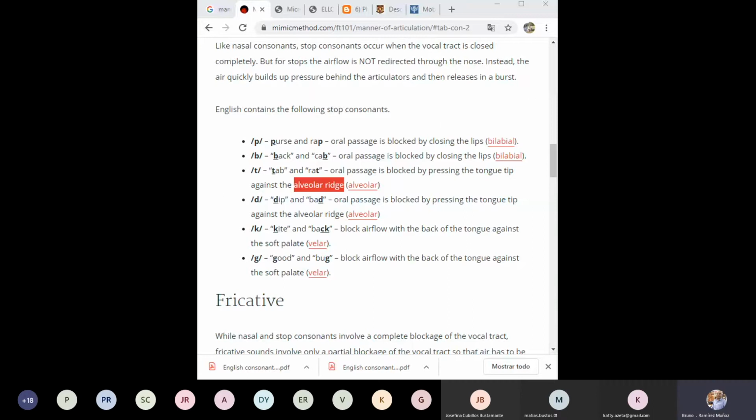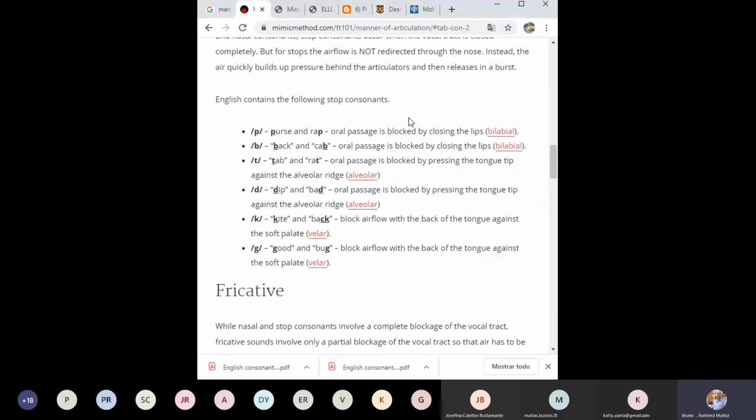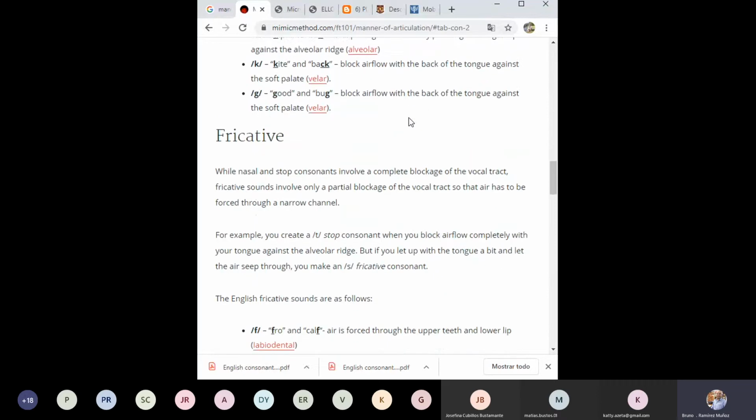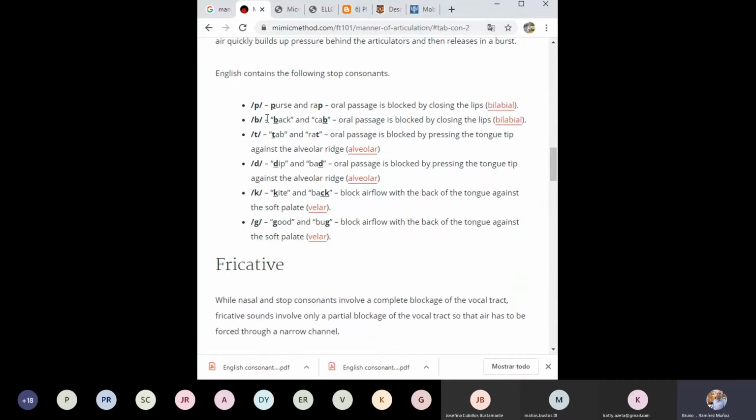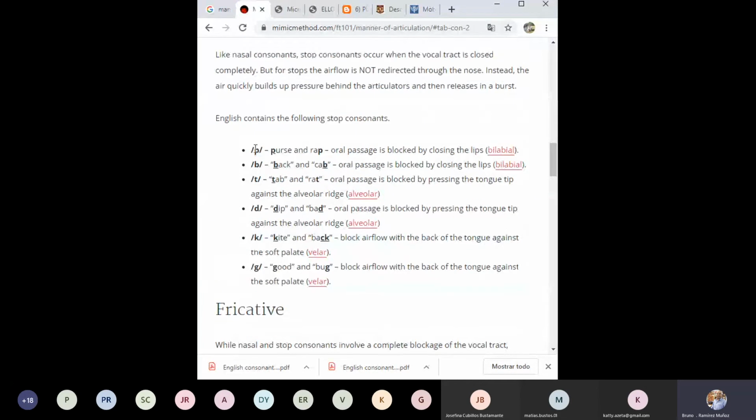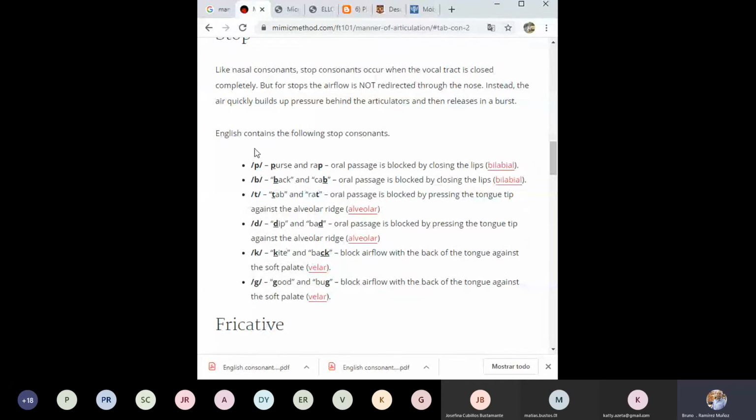So this website contains very interesting descriptions, stops, which are, as you remember, 6 sounds, right? I would call them plosive sounds, and some phoneticians call them plosives, particularly at the beginning of a word like purse, tab, kite, because there is a release of the air, as in a burst, a plosion, right?